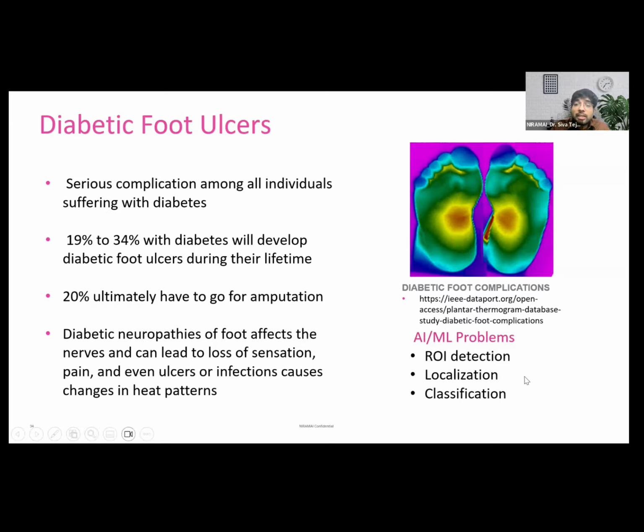The advantage again here is we can make this entire setup completely non-invasive and affordable. We can deploy this in the remotest areas, have these thermal scans, and automatically identify whether there is any kind of foot ulcer or loss of sensation, and identify these in their early stages, so that it can be a simple OPD surgery, and we can reduce the number of amputations happening as of now.